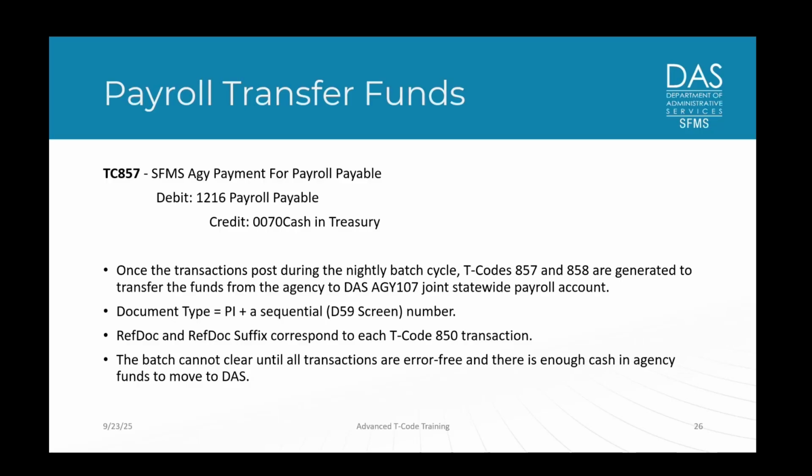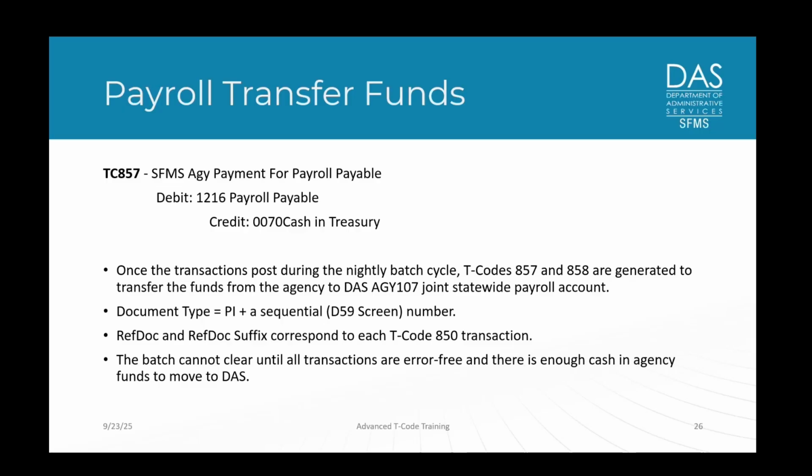And payment for payroll payable for the agencies will go through with T-code 857. T-code 857 and 858 will generate at the same time from the agency to DAS from the joint statewide payroll account. Sorry, I need to correct this.